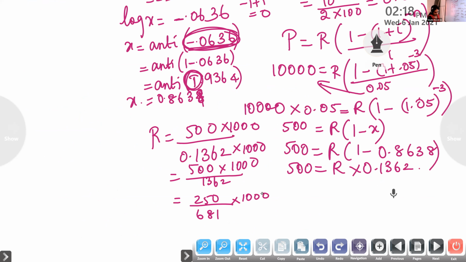Simplify and find out. 3,671.07. Yes, correct. $3,671.07.